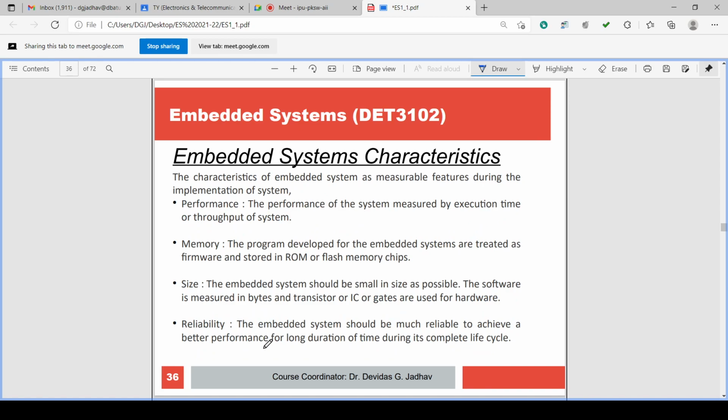Then the performance of the processor or microcontroller as well as the total system, the types of memories, and the size of the total circuitry.